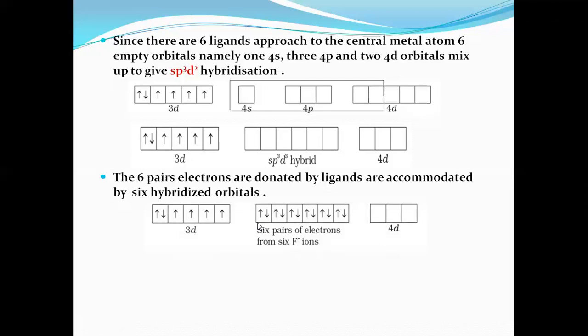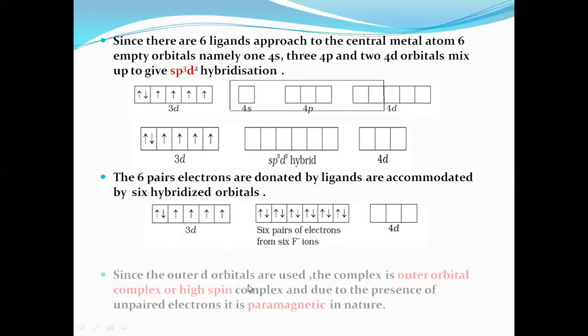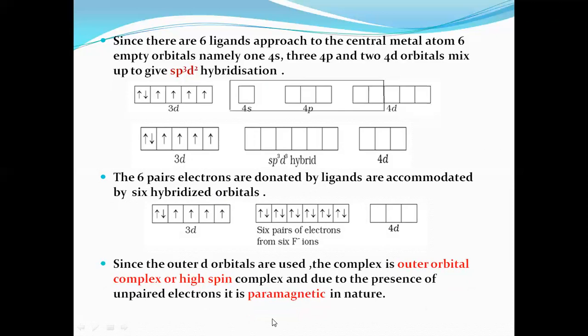In the hexafluorocobaltate(III) complex, we can find unpaired electrons. Therefore, the complex is paramagnetic. Remember, in the beginning we said our aim is to identify why the complex is paramagnetic.